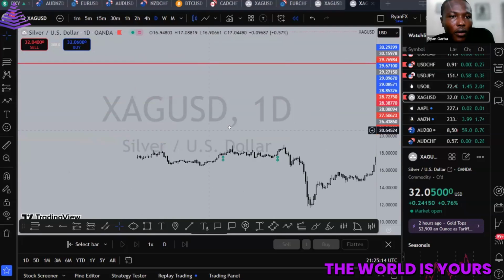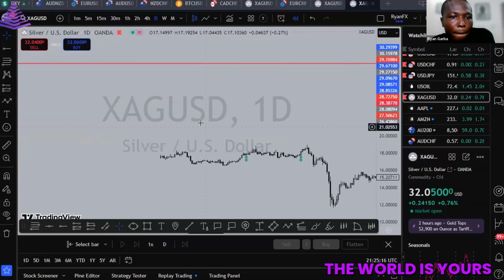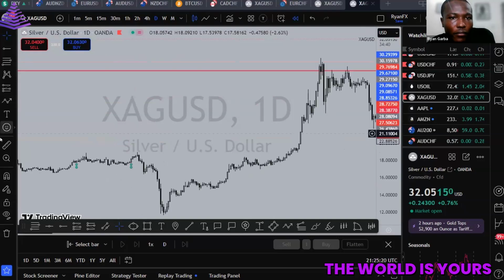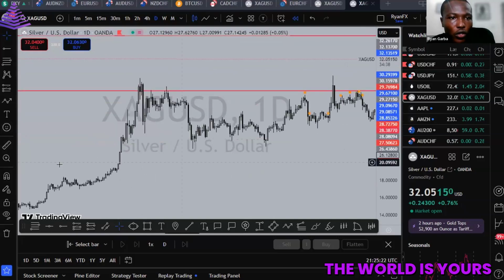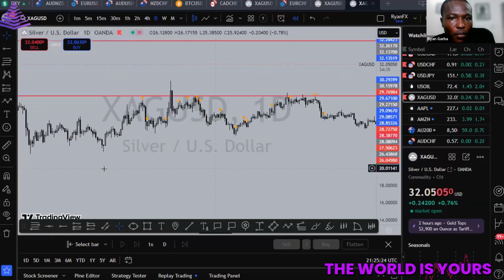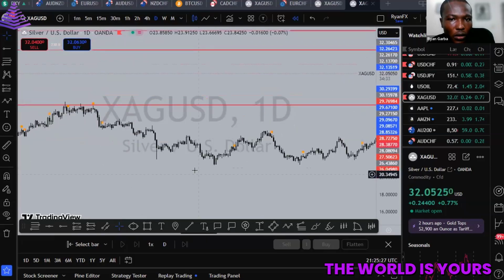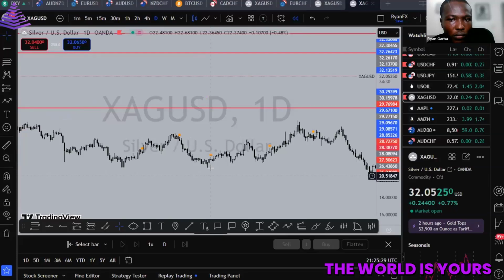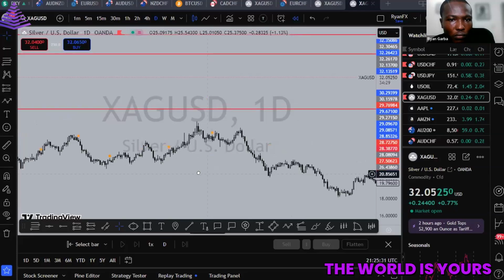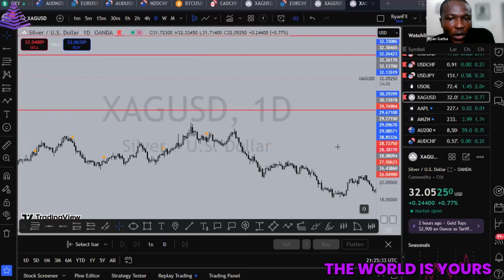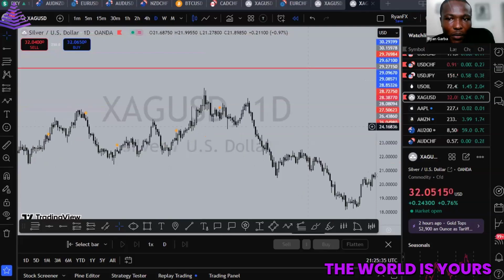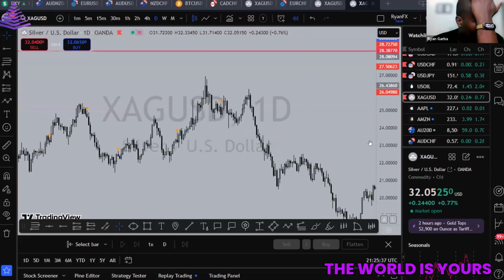Head and shoulder, head and shoulder. A proper head and shoulder pattern. I'm not really finding a proper one, but let me see if I can use this for you guys.